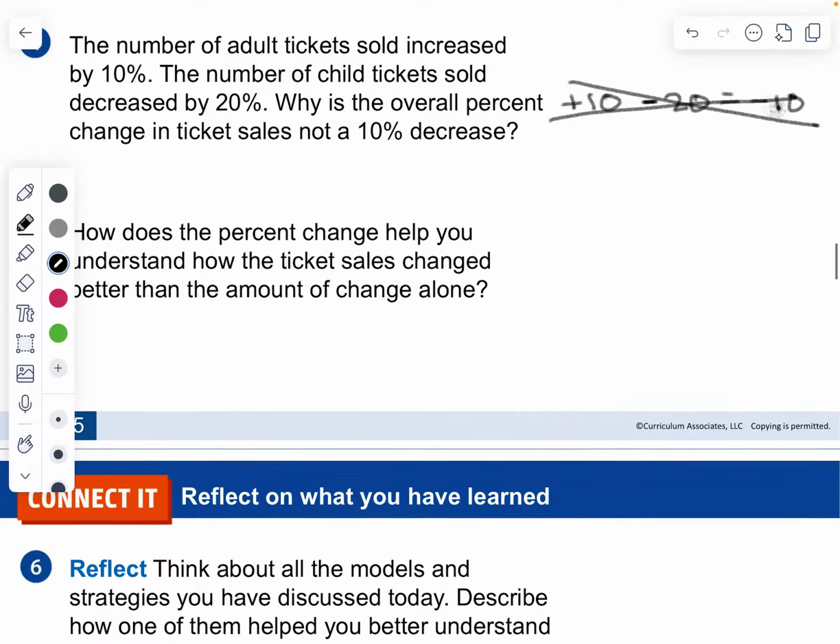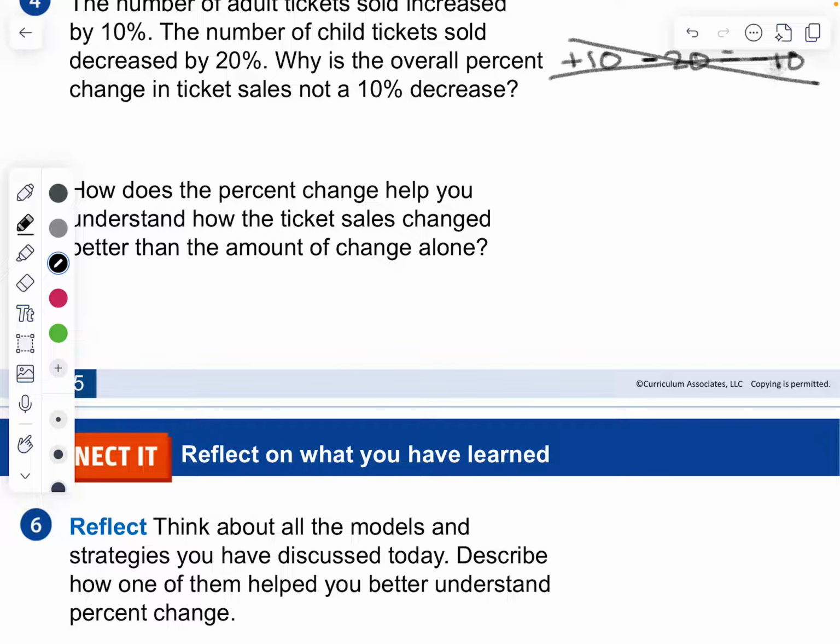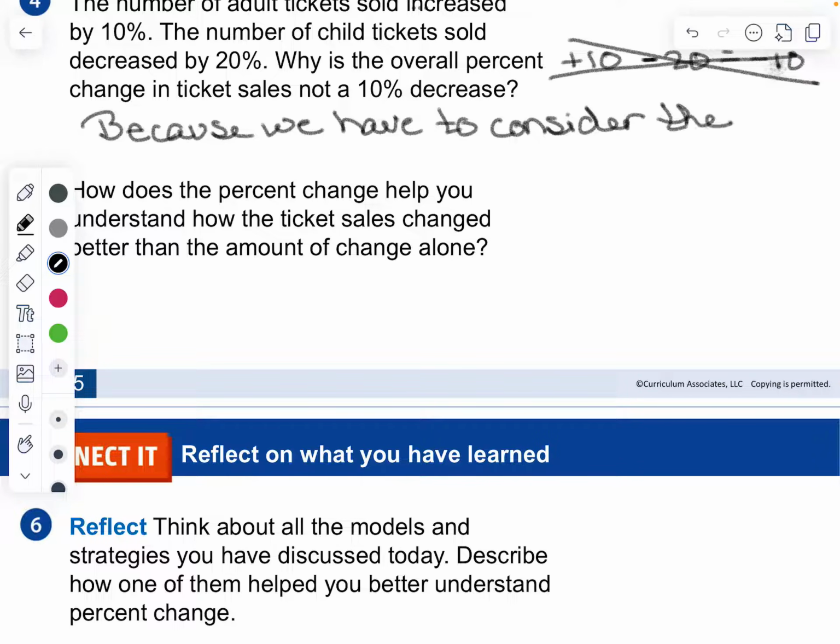You have to consider the number of tickets sold. And if you remember, we sold a good bit more adult tickets than child tickets.